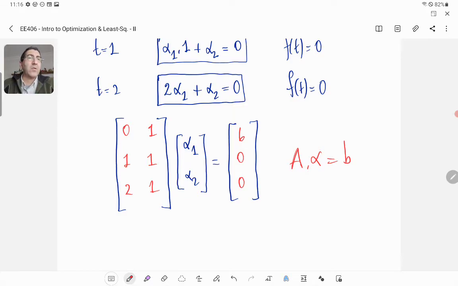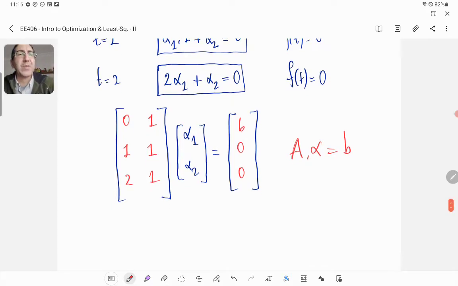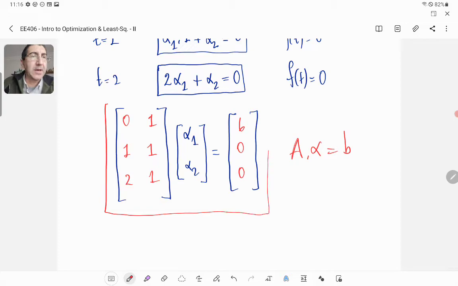Okay, now I will do 2 things. First, I will try to solve this algebraically without resorting to this matrix, and then I will calculate this generalized inverse and actually show you that we will get the same thing.